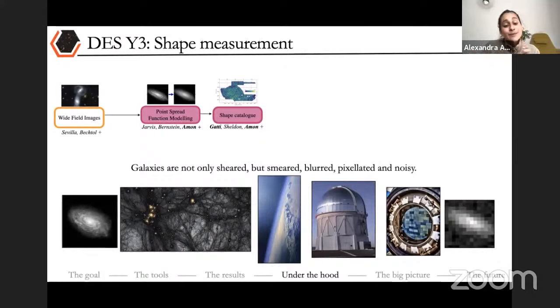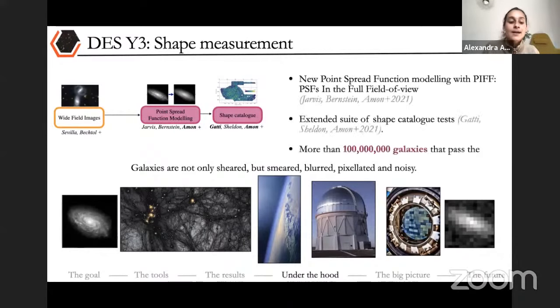And then it carries that light all the way to Earth, this very tiny signature that we're after. But that signature gets ruined by our atmosphere, our telescope, and our detectors. So it gets blurred and pixelated, and then there's noise. And so it really is quite a challenge to remove those unwanted point spread function effects, or the PSF effects.